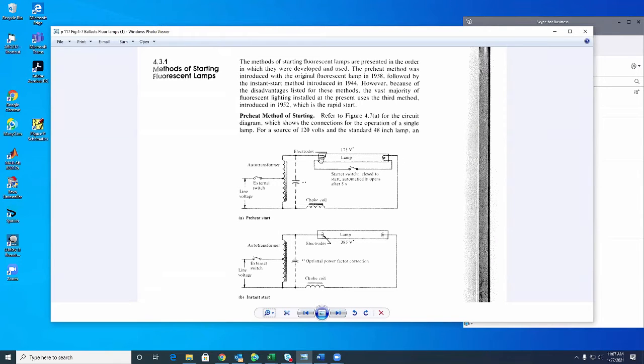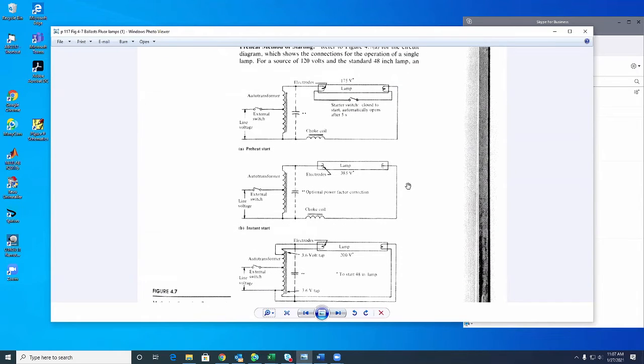So you see the lamp in 3 figures. The lamp is not conducting. There is a gas inside. So in order to start the lamp, that gas has to be led into breakdown, electrical breakdown. Okay, so that means producing a discharge.